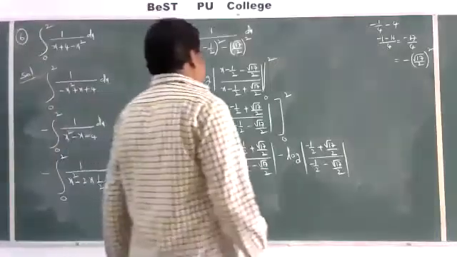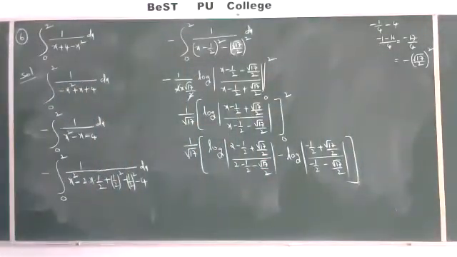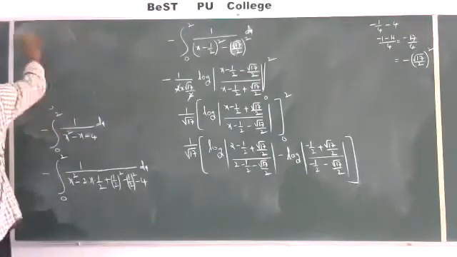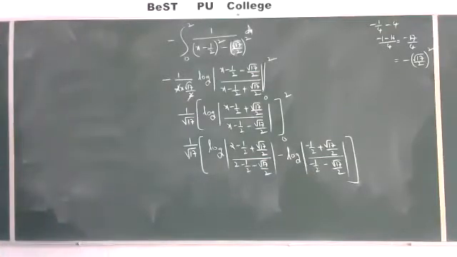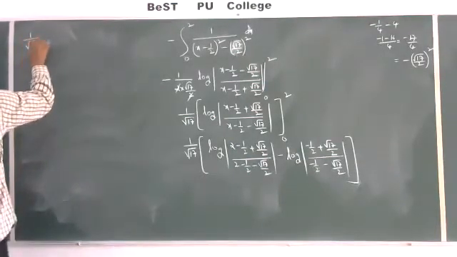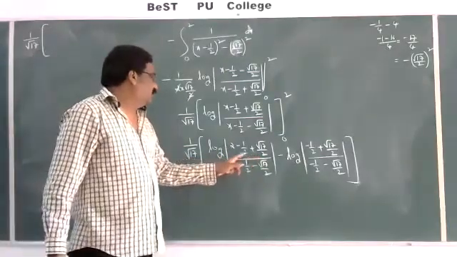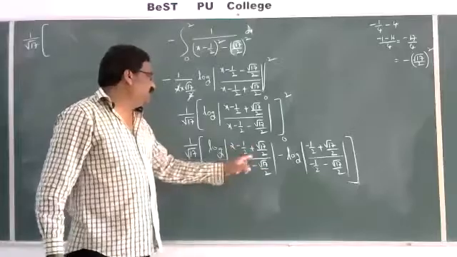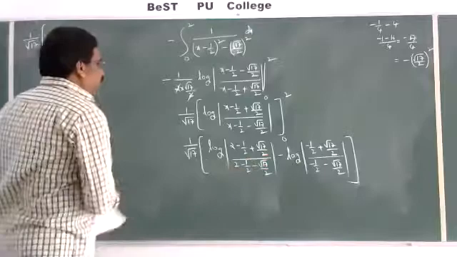That is, simplification is important here. Then simplify this, 1 by root 17. In the bracket here, you are taking LCM: 4 minus 1 plus root 17 by 2, 4 minus 1 minus root 17 by 2.